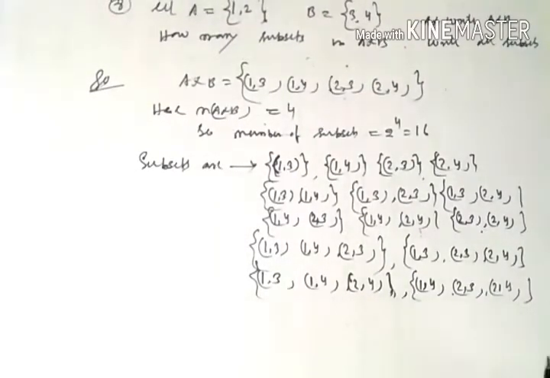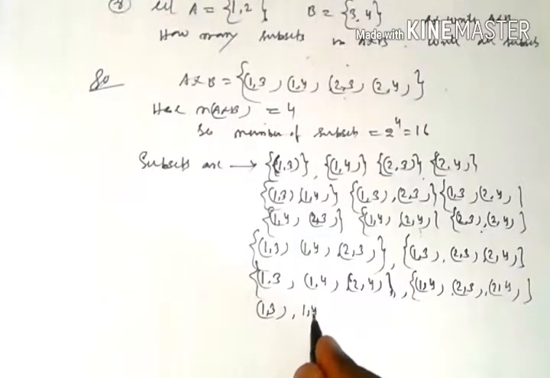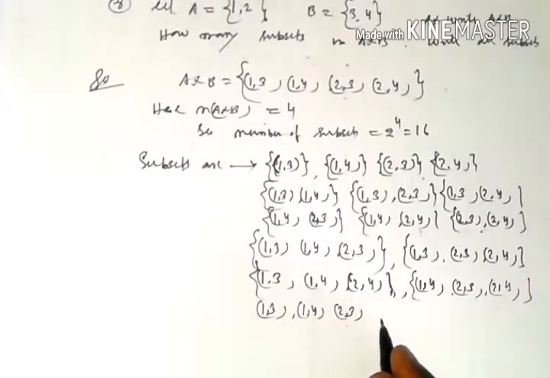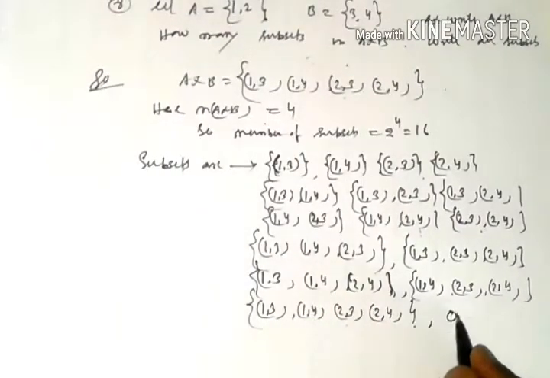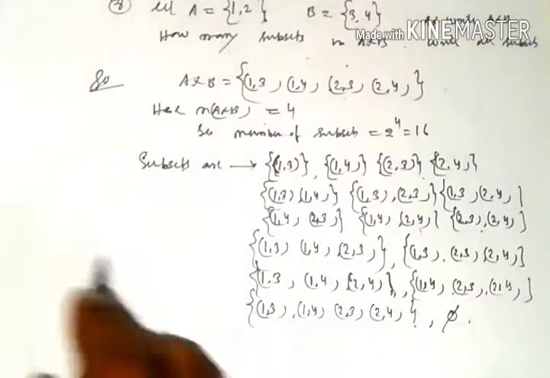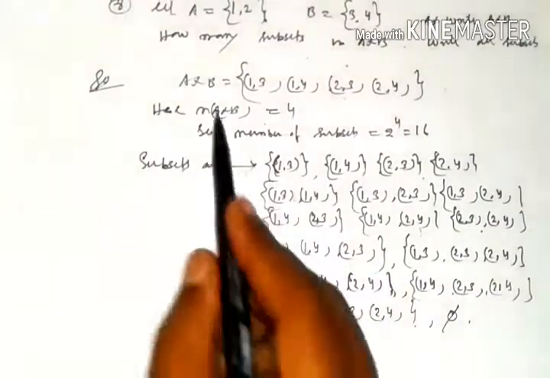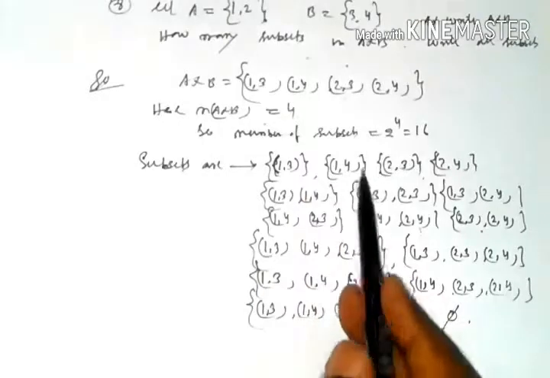By taking four elements at a time, {(1, 3), (1, 4), (2, 3), (2, 4)} as well. And last, the empty set. These are all subsets of A cartesian product B.